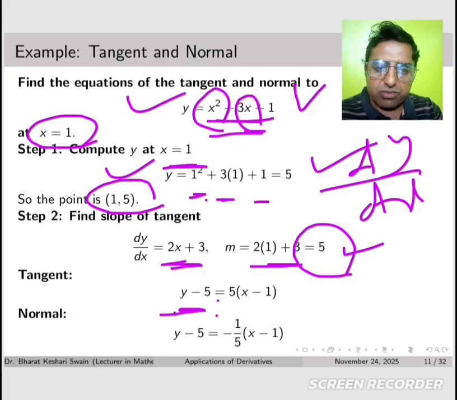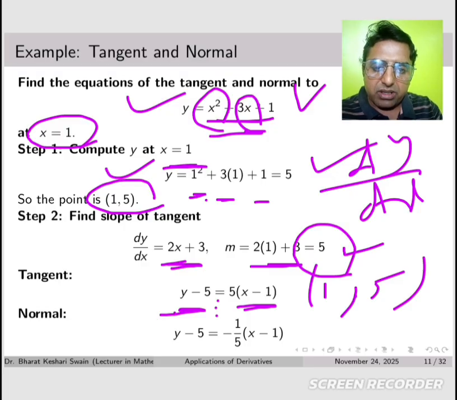So y minus y coordinate is equal to the slope, which is 5, into x minus x coordinate. The x coordinate is 1. So y minus 5 equal to 5 into x minus 1.